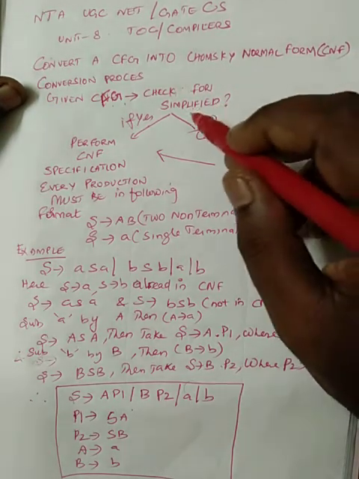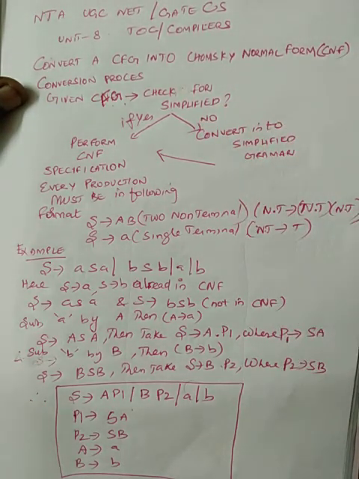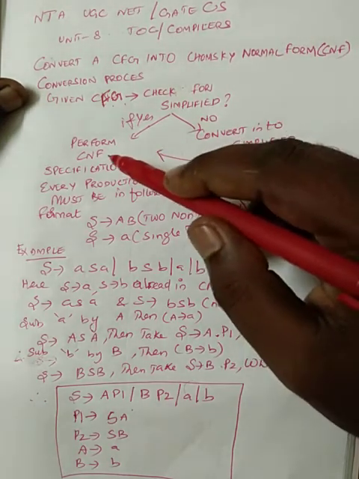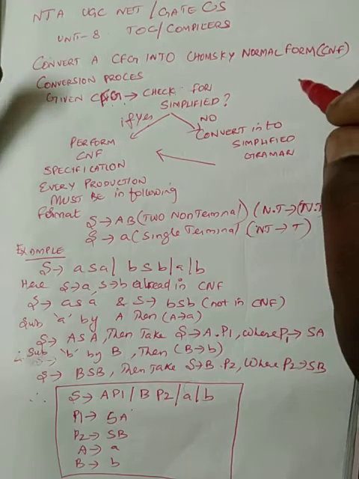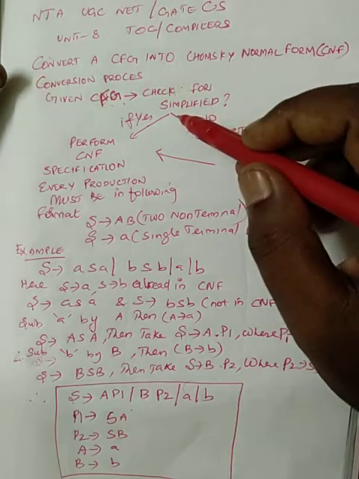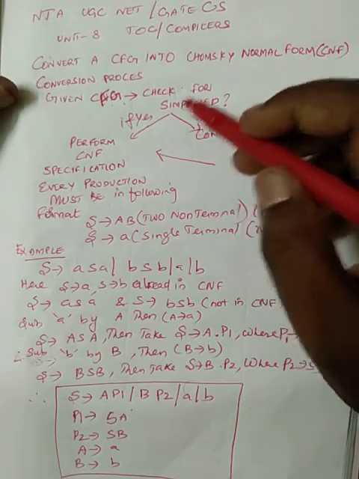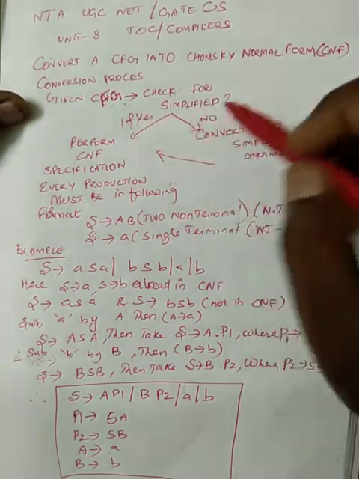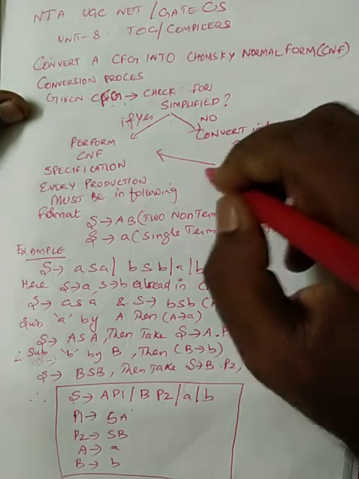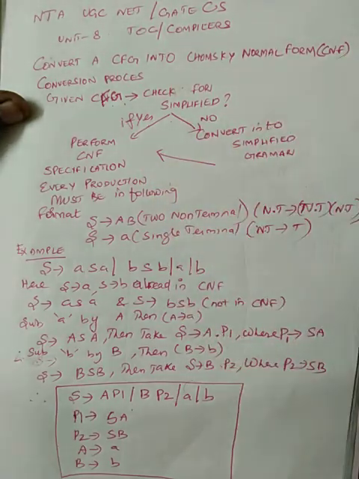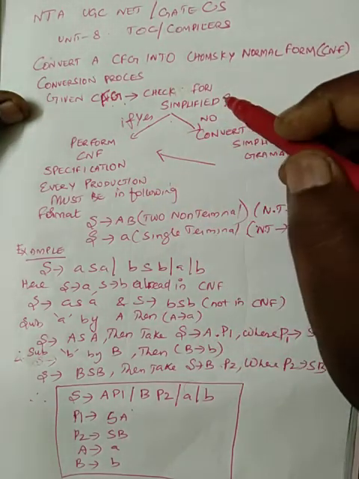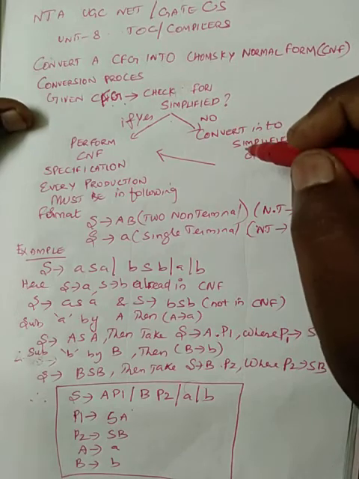Then only we can directly convert to Chomsky normal form. Otherwise, if it is not a simplified grammar, you want to first convert such a grammar to simplified grammar. Then only we go for the Chomsky normal form conversion process.